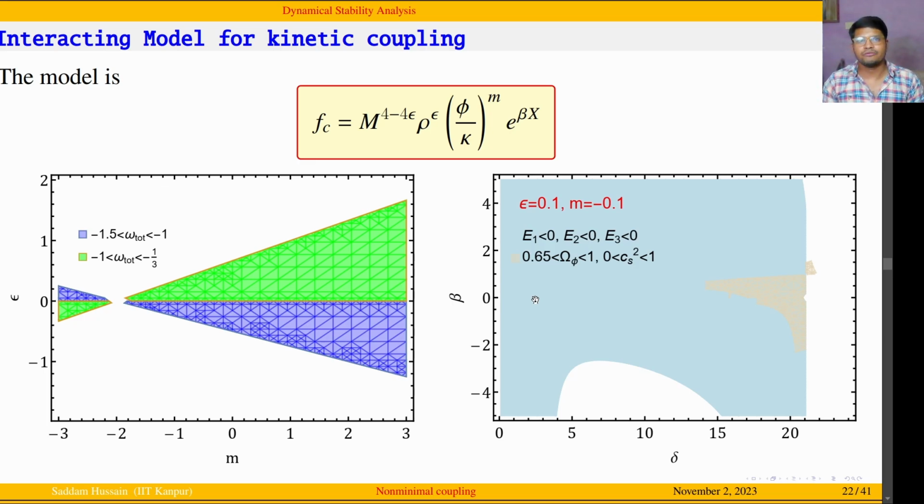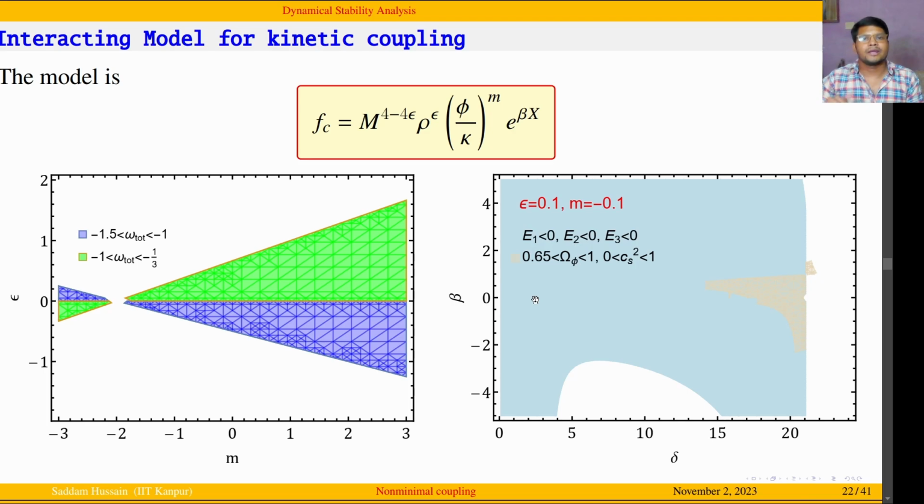We found that if we choose any coordinate lying in the blue region, then the sound speed becomes negative. It says that your system has now become phantom, because the epsilon-m bluish region is phantom. So phantom can be stable. The eigenvalues we found are all negative, but it is not producing a positive cs square, the positive sound speed square, right?